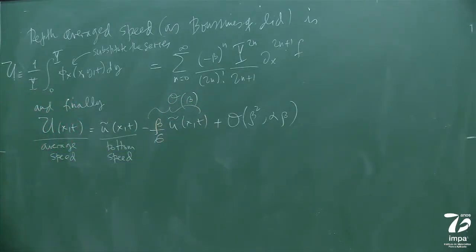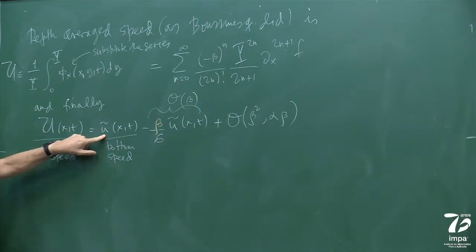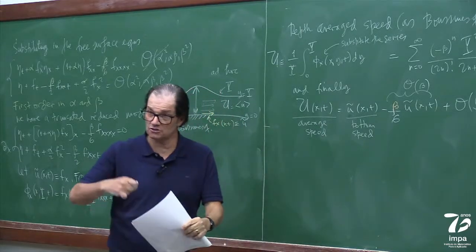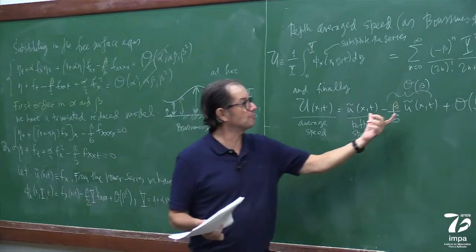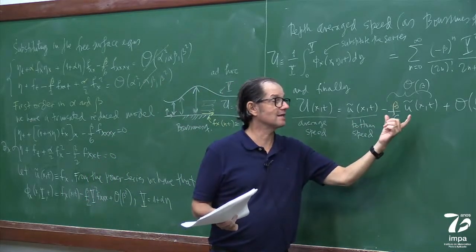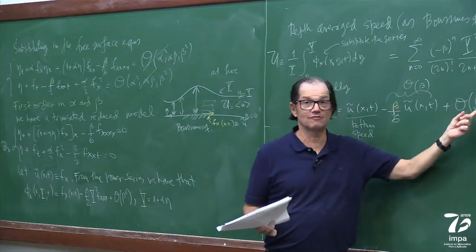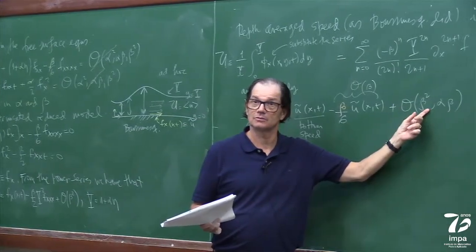So in the language of asymptotics, very simple asymptotics, the average speed is basically the bottom speed up to an order beta term. But since we are designing a reduced model up to order beta, we cannot forget this term. We can eventually forget this term.